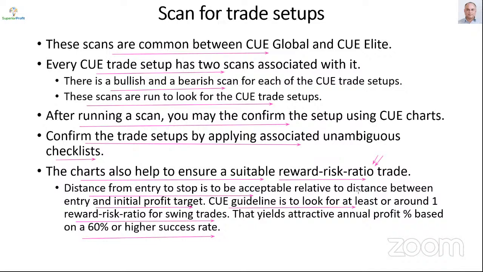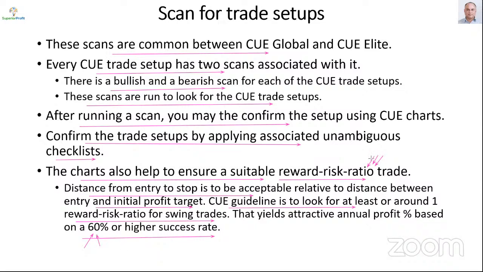So there is a mathematical requirement to be successful in swing trading. That mathematics is explained on my website sagarnandy.com. That mathematics relies on attractive reward risk ratio and attractive success rate. Just having high success rate is not enough.